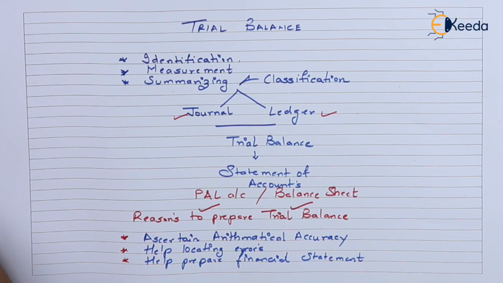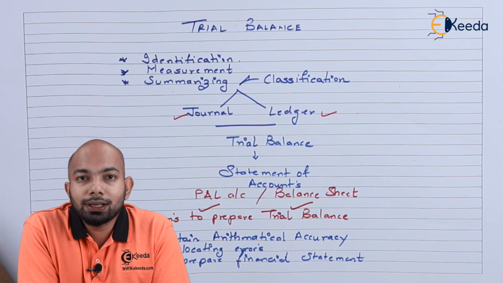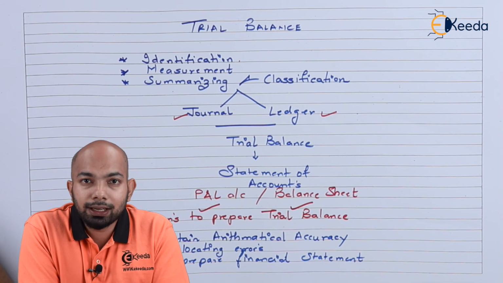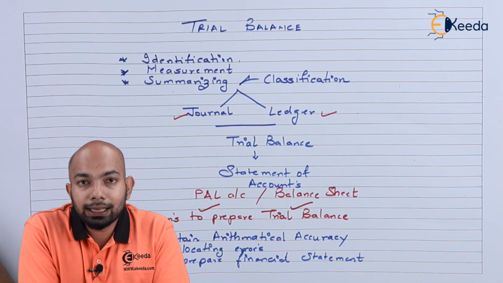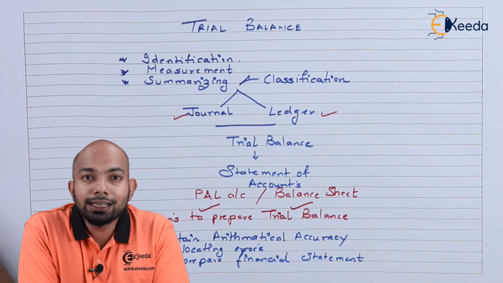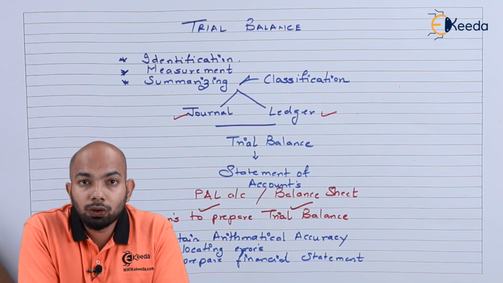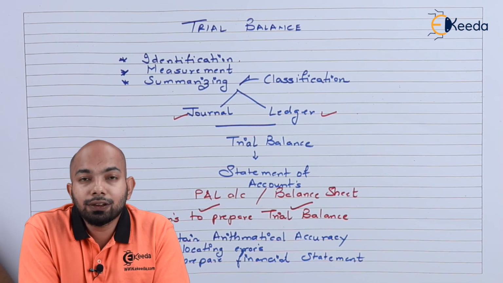Remember, we have always mentioned that we give users the information from the financial statements. When you give users this information, it has to be error-free so that proper and specific decisions can be made, so that every decision taken for the betterment of the organization will be effective and there is no reason for the decision to be flawed.